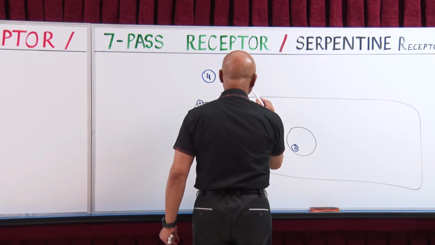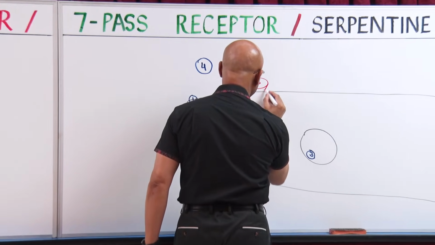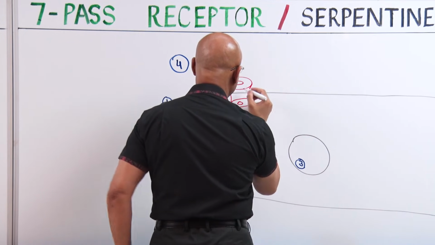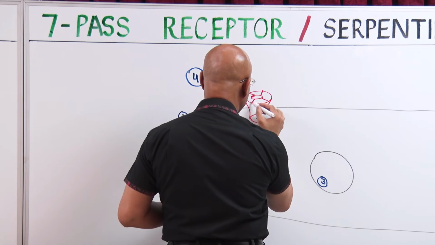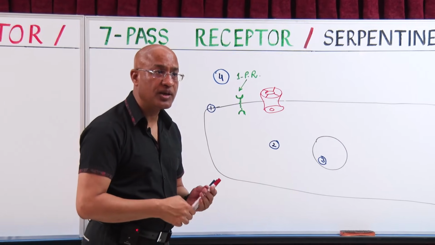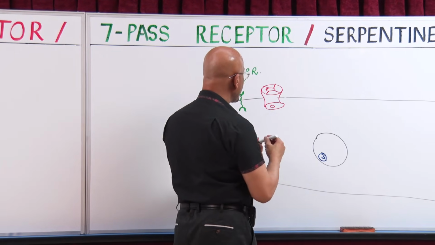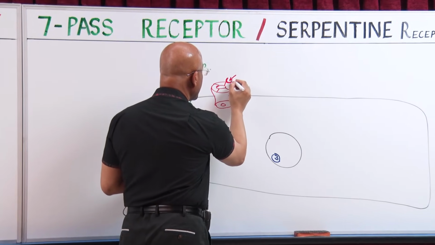For example, ligand binding ion channels. Let's suppose this is cholinergic receptors. Cholinergic nicotinic receptors. Acetylcholine will bind here, right?